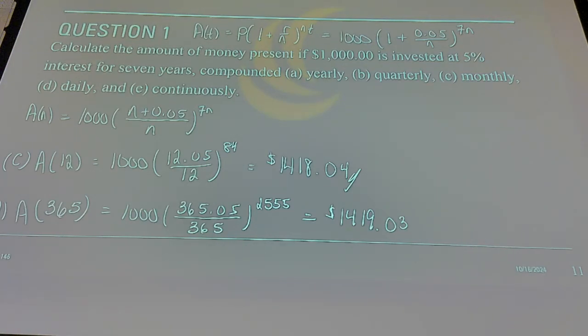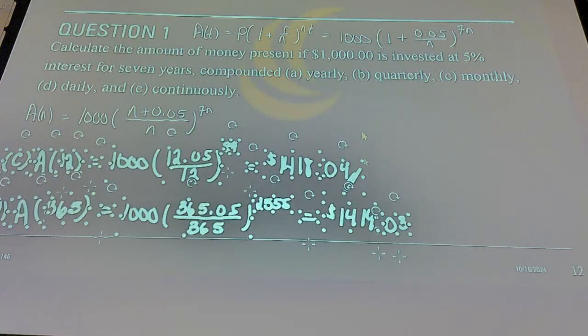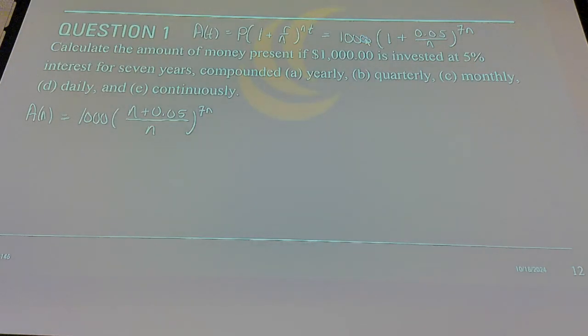Oh, well then let's just let n go to infinity, because that's what continuous means. So it's constantly compounding. So for e, we let n tend to infinity.